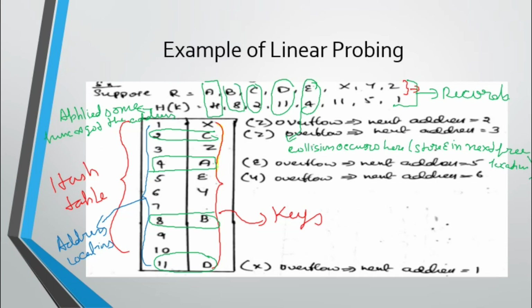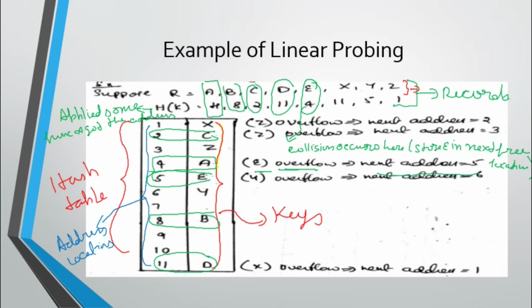So 4 is filled, correct, students? The next free location is 5, so in 5 I store E. That is the overflow. Overflow means there is already some other key, so you put it in the next address, that is 5.